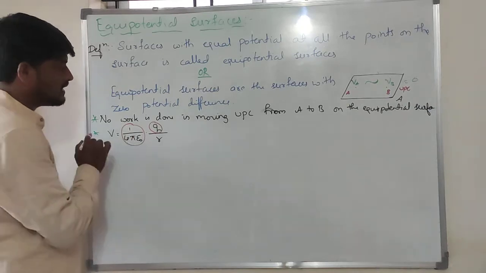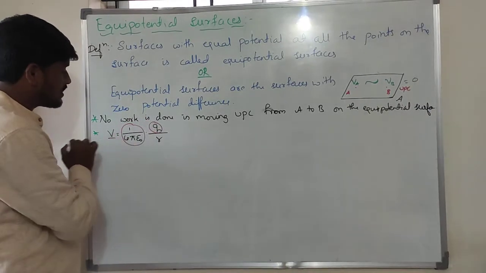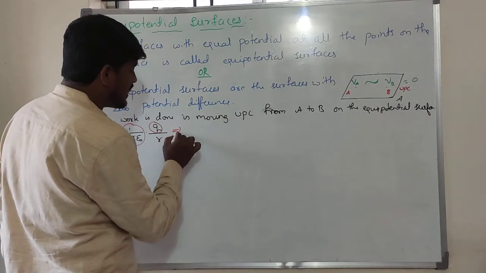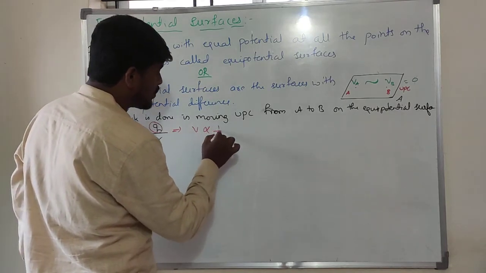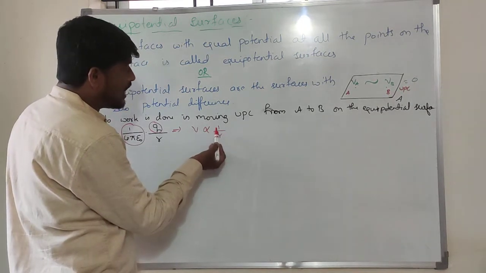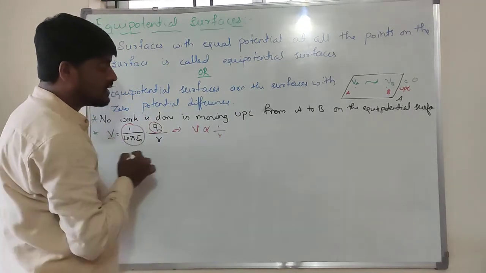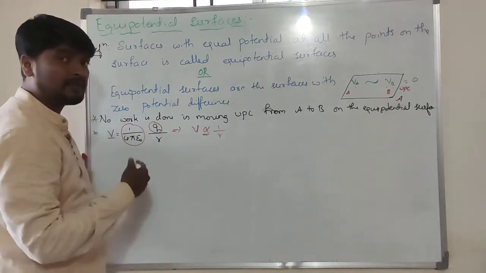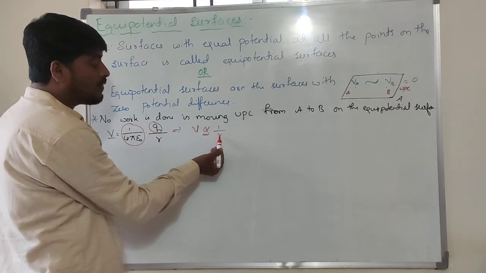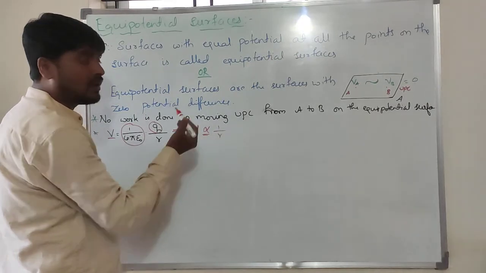For a given value of Q, we can say that V is inversely proportional to R. That means if R varies, V varies, or if V varies, R also varies.